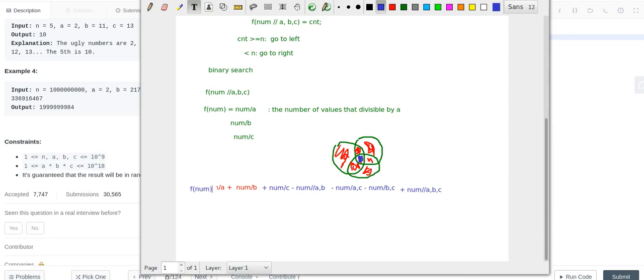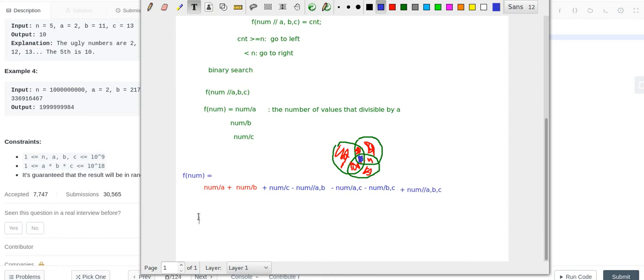This is the function f(num): the number of values that are divisible by a or b or c. And another question is how to calculate the count for a and b being divisible by a or b.